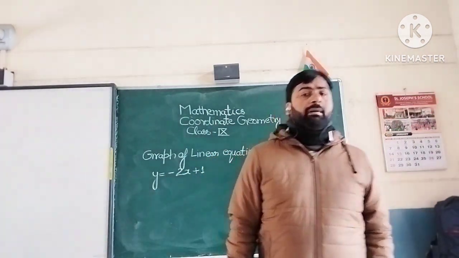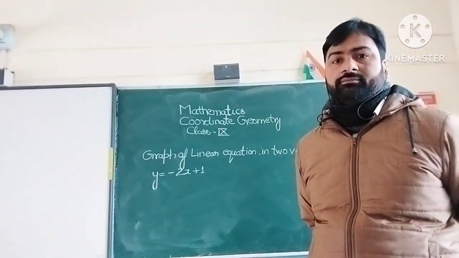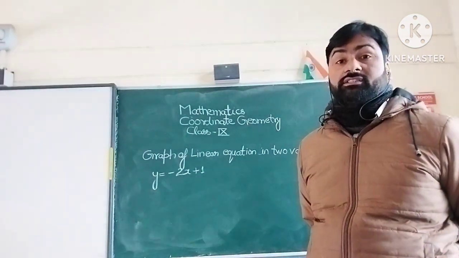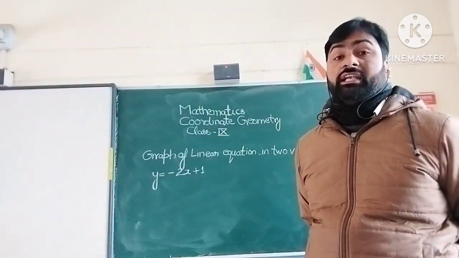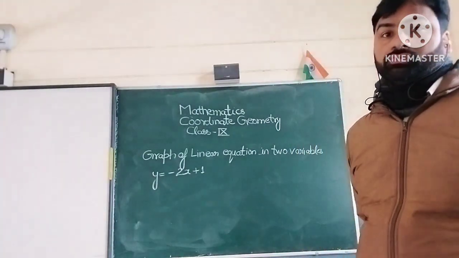Now, children, what is the dependent variable here? The dependent variable is our y because it is the subject of the formula. And what is the independent one? x is the independent one. Its value we are free to choose.